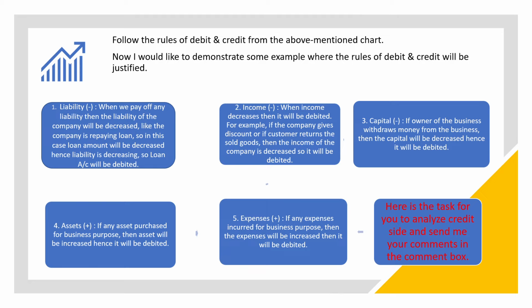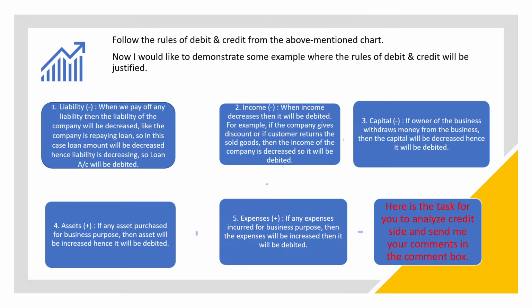The third one, capital. If your capital is decreased, let's have an example. Suppose the owner withdraws money from the business for personal use. This action reduces the capital, and thus it's debited as capital is decreasing. The next, assets plus. When you buy an asset like a computer for business purposes, the asset value increases.